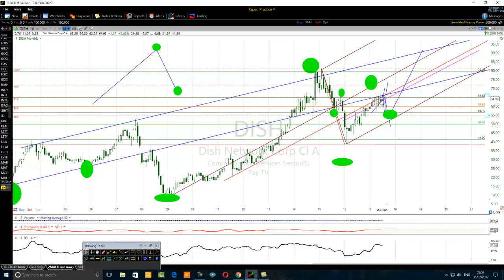That is the question. Or is it going to continue to go down all the way here? So if it starts going down, we know where the target is on the daily chart, that triangle. If you break below that target and find a support, and so on.